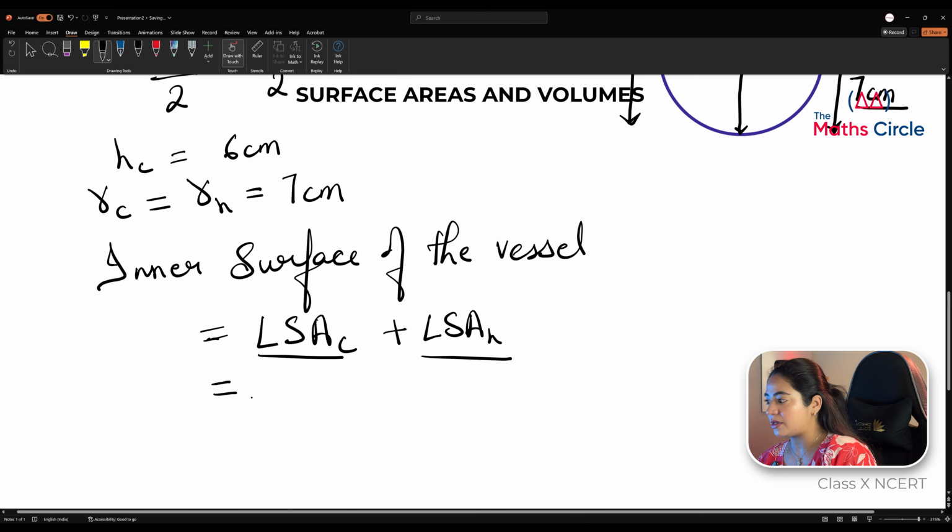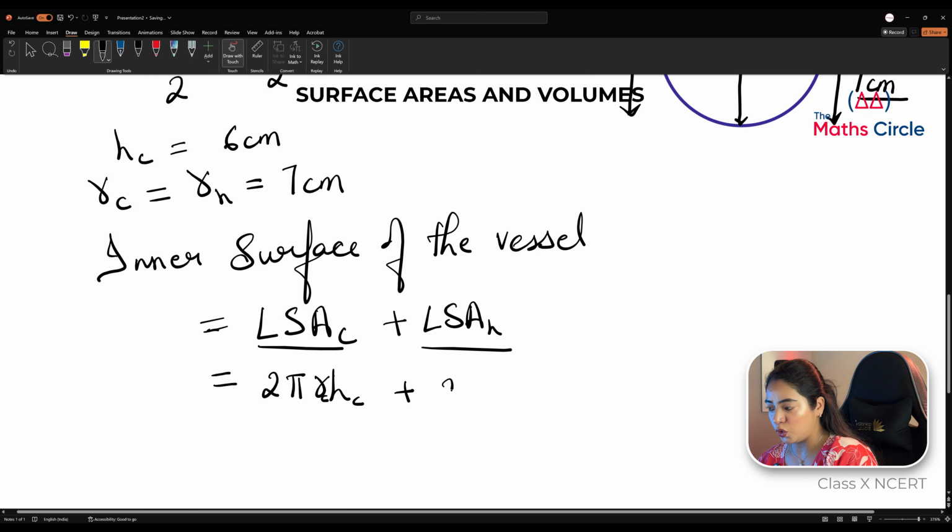Now we know that the lateral surface area of the cylinder is simply 2 pi RH. Because we are using the dimensions of the cylinder, we put it as RC and HC. And the lateral surface area of the hemisphere is 2 pi R square, and we are using the dimensions of the hemisphere, so we put RH.